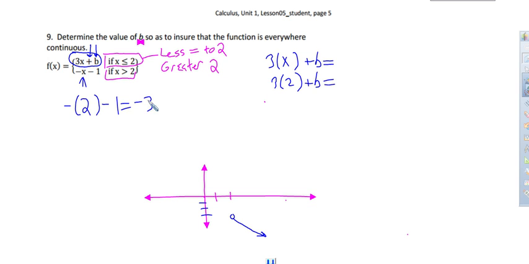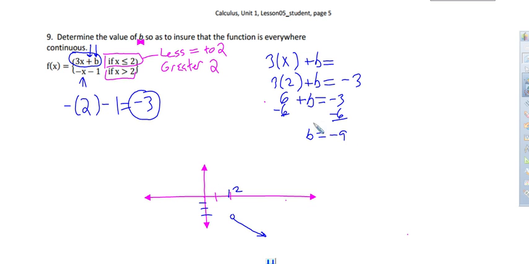It has to equal this negative 3 value when we're at x equals 2 right here. So let's go ahead and just put that in. We need it to equal negative 3. So if we multiply this, we get 6 plus b equals negative 3. Subtract 6, and you get the value of b has to equal negative 9.